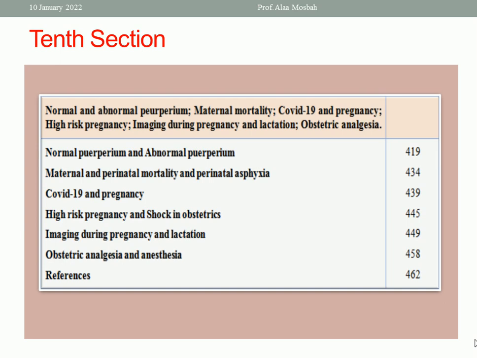Also, a chapter about imaging during pregnancy and lactation, including ultrasound, MRI, X-ray, CT scan, what is the problem with that, and so on, what is safe and what is not safe regarding imaging, and a chapter about obstetric analgesia and anesthesia, what is updated in this field, and this section ends with references at page 462.